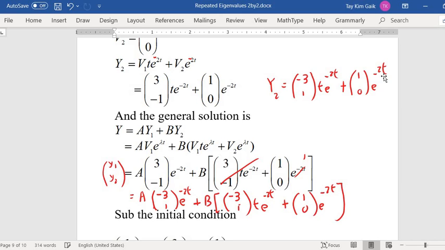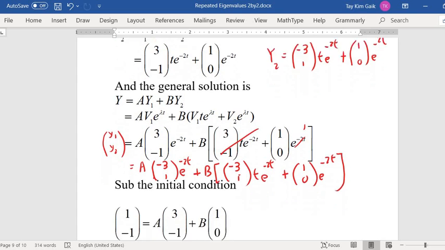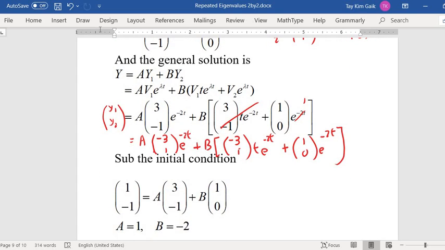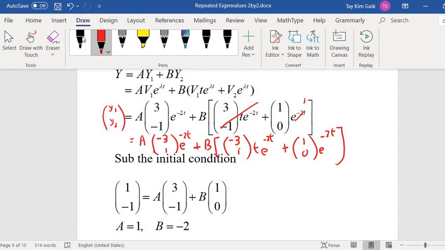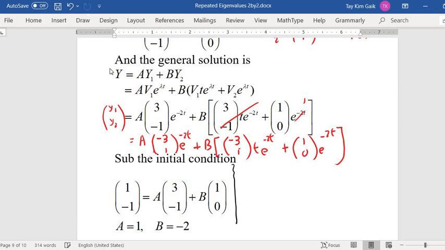I'm going to show you that you may have a lot of variations of your eigenvector, but when you substitute the initial condition, you have the same solution.